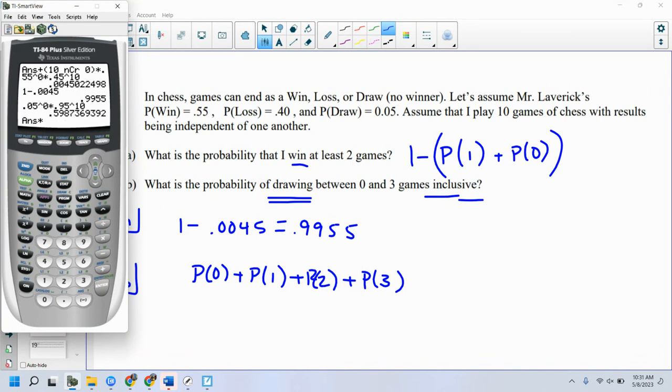I'm going to multiply it by 10C0. Ow, no. Wanted to insert a parenthesis. There we go. Oh, jeez. Just skip it. It's okay.